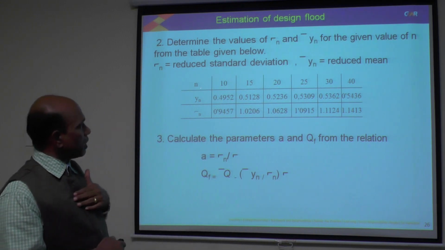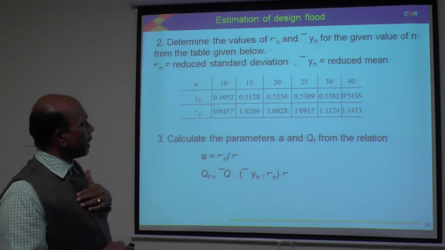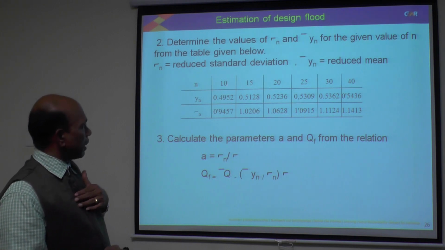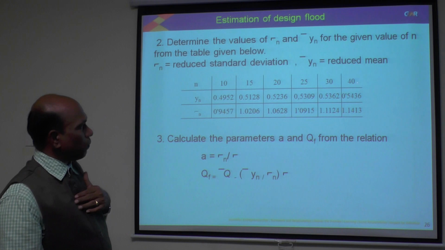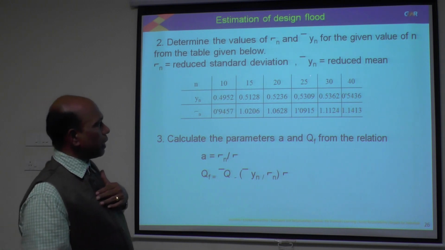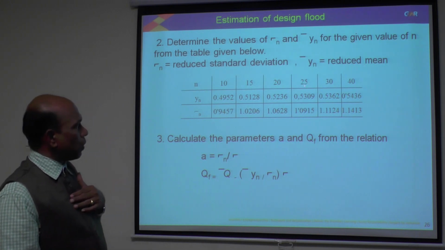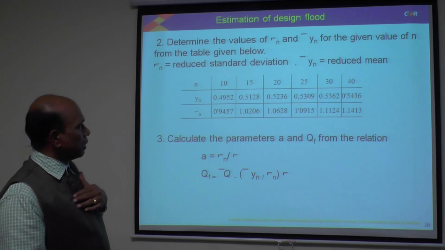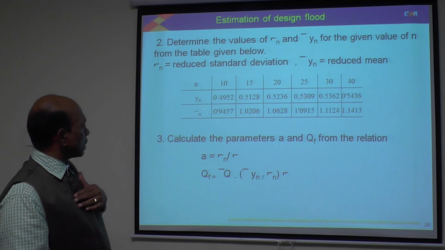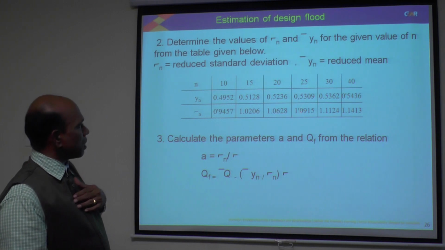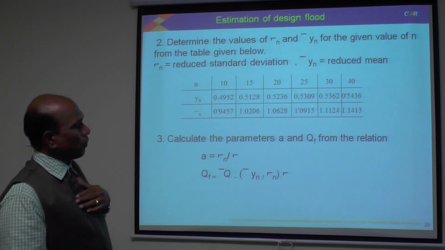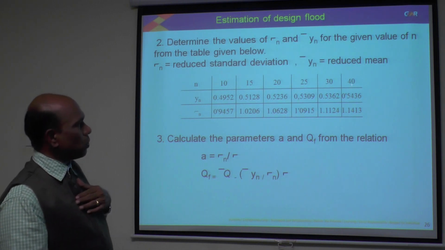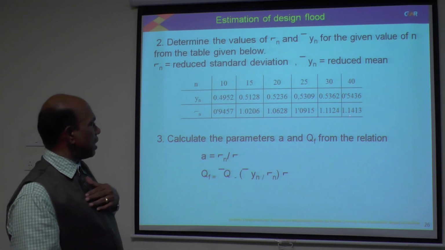This is the table for the determination of reduced mean and reduced standard deviation: 10 years return period, 15, 20, 25, 30, 40. For a 25 years return period, the corresponding reduced mean is 0.5309 and the corresponding reduced standard deviation is 1.0915. If they want a 30 years return period, these are the values. For a 40 years return period, these are the values.